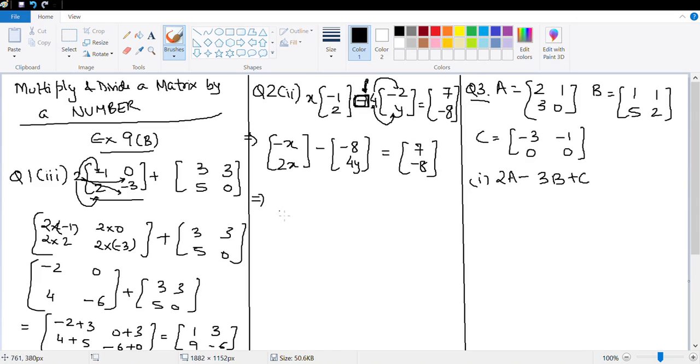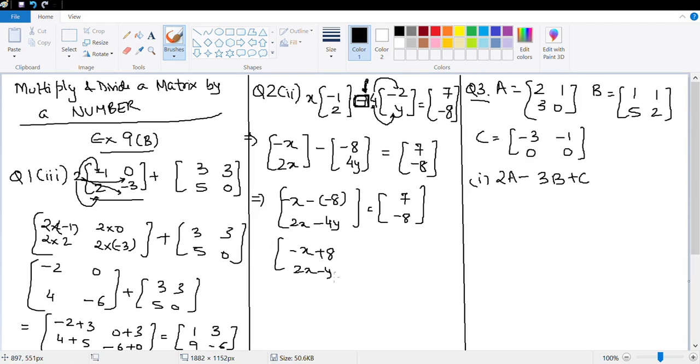This is equal to 7 and -8. Let's add. So this is -x minus of -8, 2x minus of 4y, which is equal to 7 and -8. So this is -x plus 8, and this is 2x minus 4y, equal to 7 and -8.